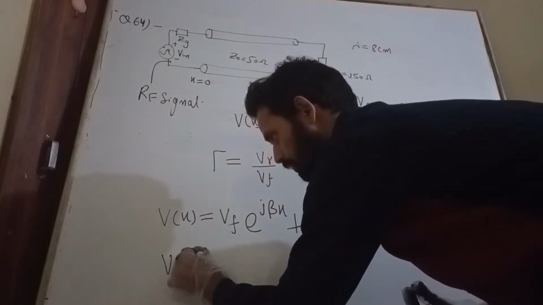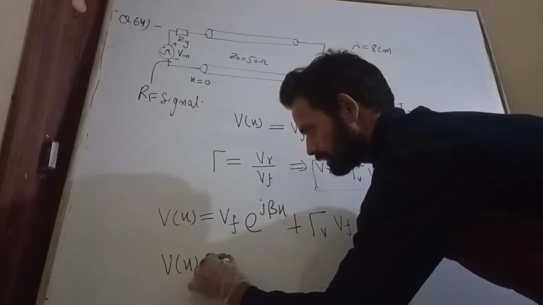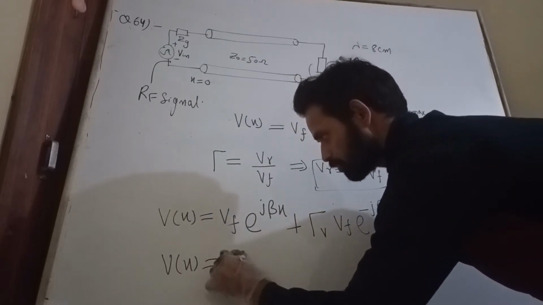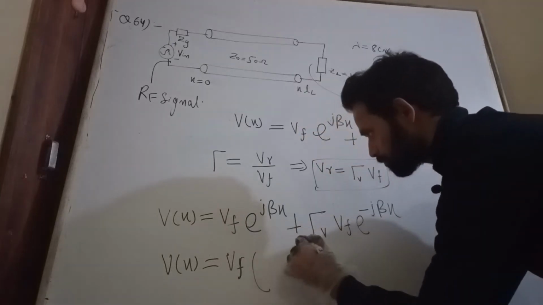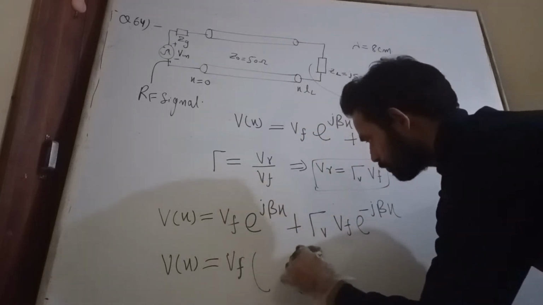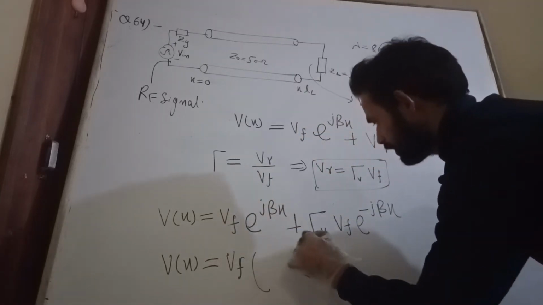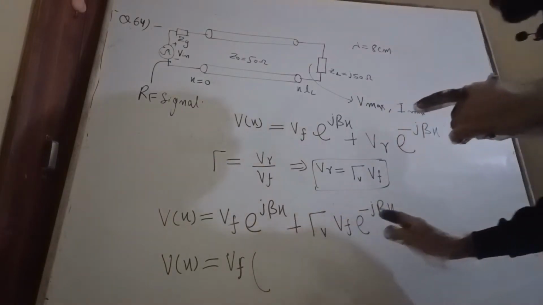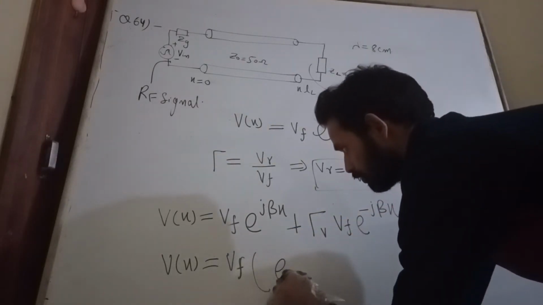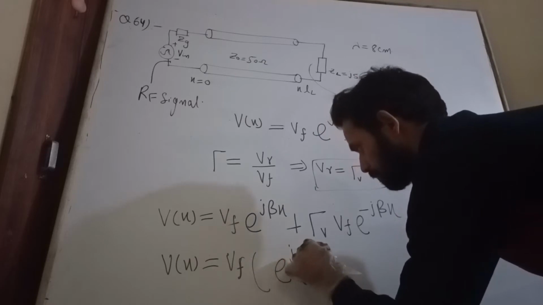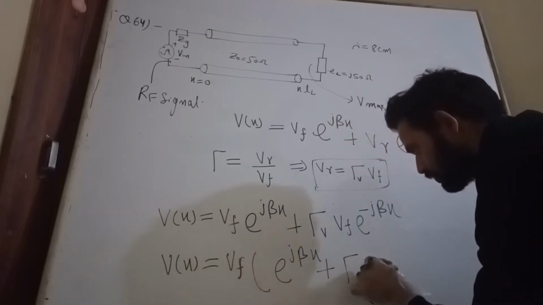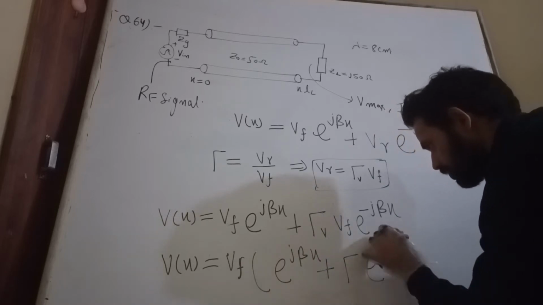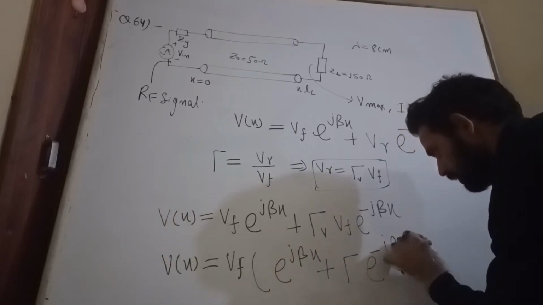Now let us take Vf common. Vx is equal to Vf times (e to the power j beta x plus reflection coefficient times e to the power minus j beta x).